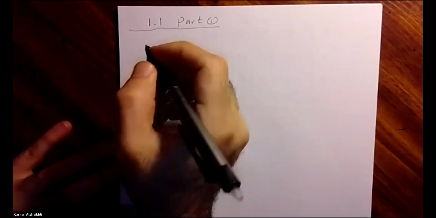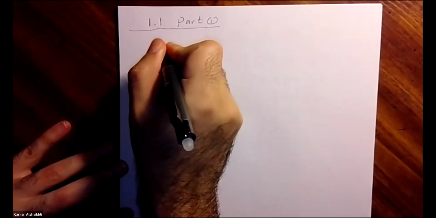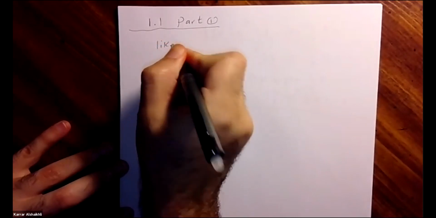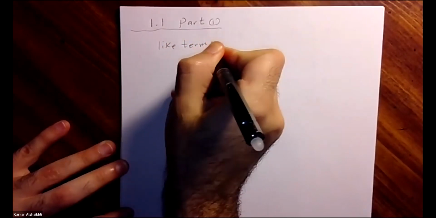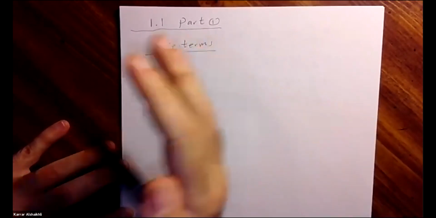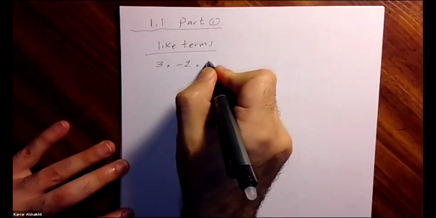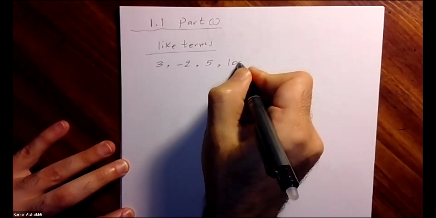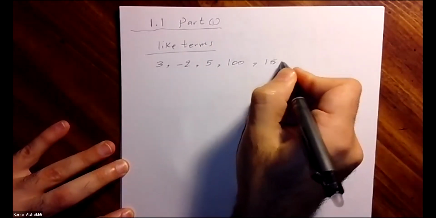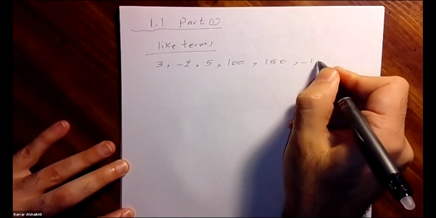If you remember yesterday, I told you about the like terms, which is important because we're going to combine the like terms here before solving the linear equations. So like terms, if you have just a number by itself, like 3, -2, 5, 100, 150, -120.